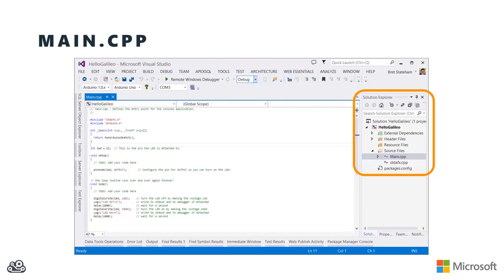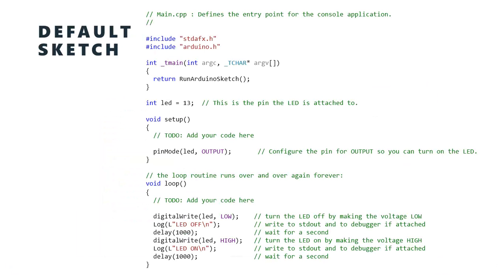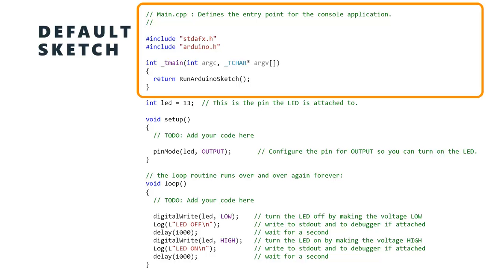And the contents of that file look pretty much like the default Blink sketch that you would have seen back over in a regular Arduino IDE sketch. There are a few differences. You'll notice that up at the top there's this _t main method that's going out and running the run Arduino sketch method, and that's part of that Galileo SDK library.